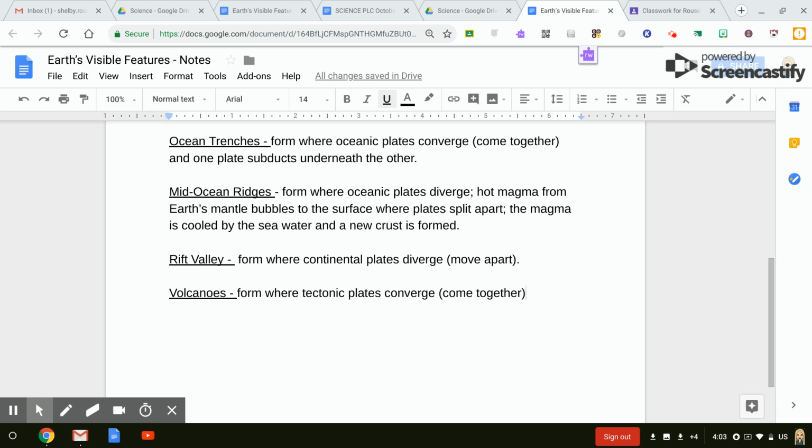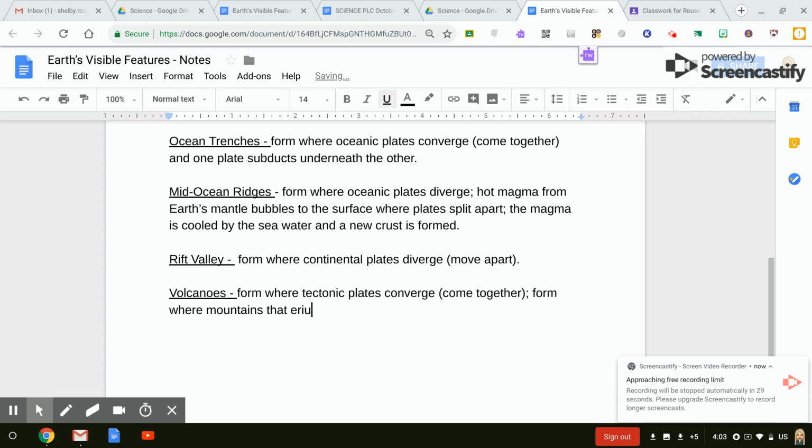So where tectonic plates converge or come together, they form where mountains that erupt with lava are located, and they form where pressure is built up in Earth.